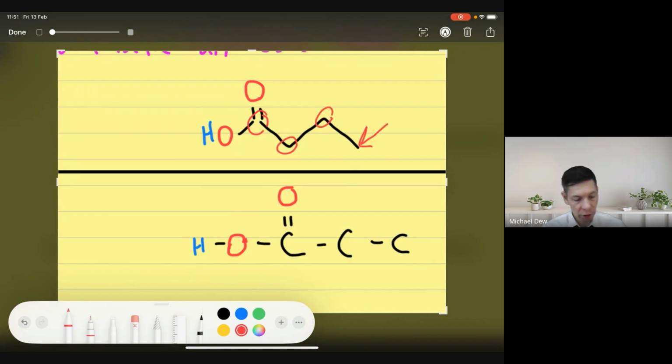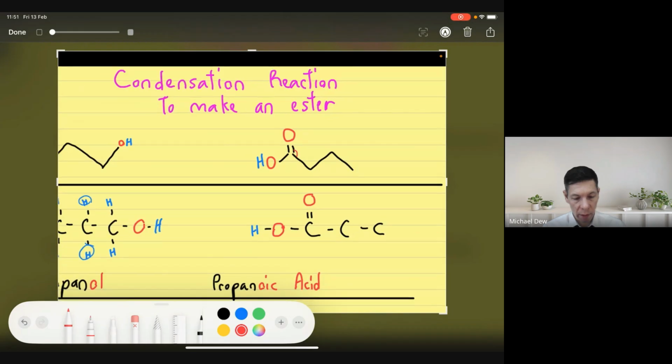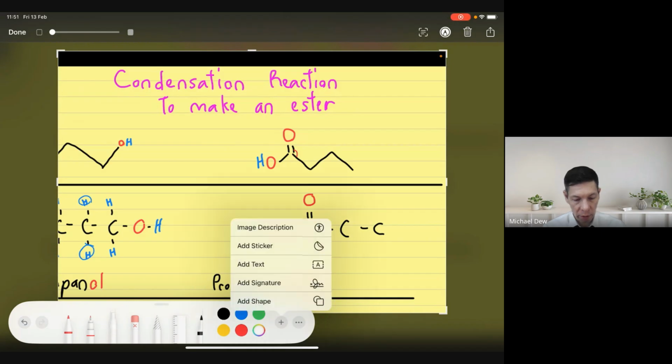So this should not be there. So I'm just going to go ahead and remove this. We'll just color it with some yellow. Maybe we'll add a little yellow shape here.